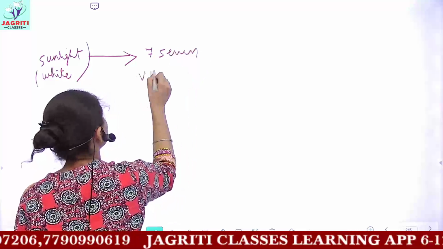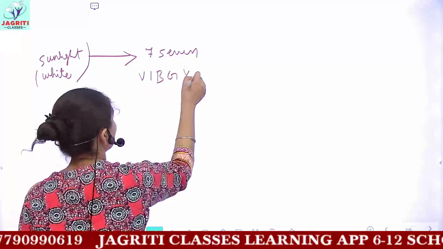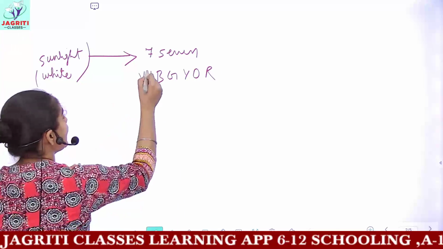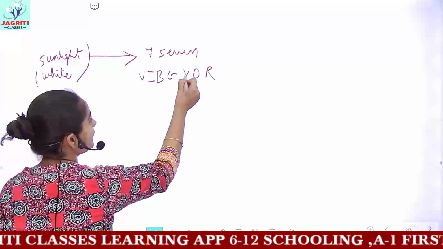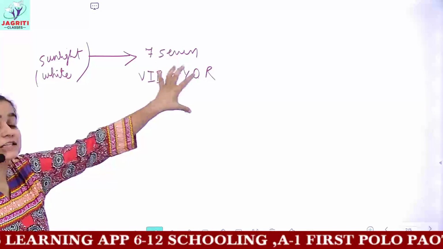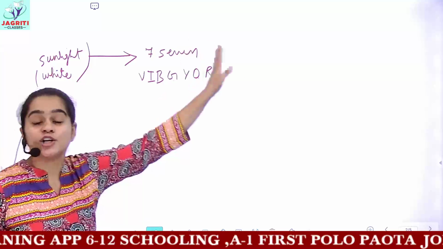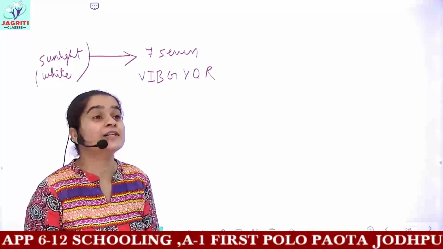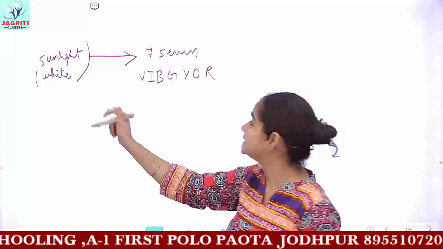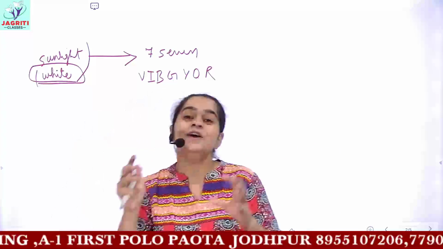And these 7 colors are known as Vibgyor. Here Vibgyor means V stands for violet, then I is indigo, blue, green, yellow, orange and red. So these are the 7 colors which actually constitute the sunlight. And because of a mixture of all these colors, the sunlight appears to be white in color.